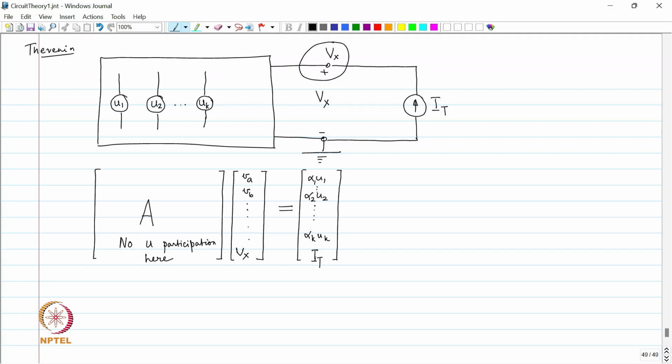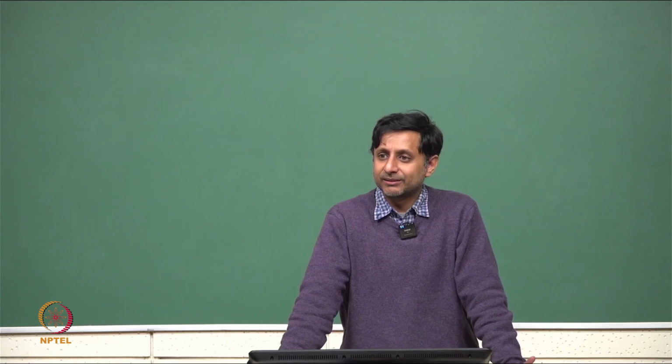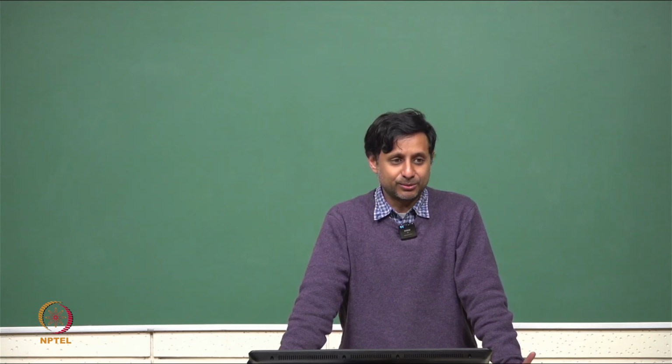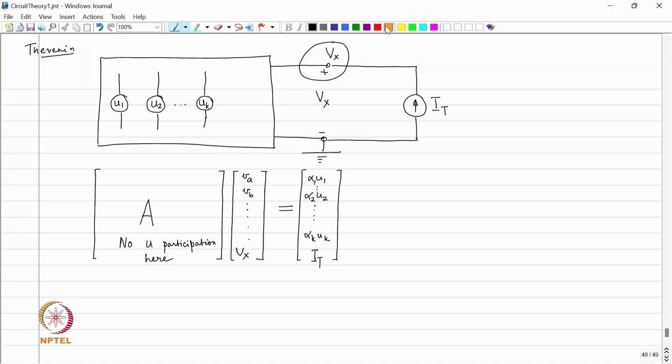Okay. Next, what is the next step? What do we want, by the way? What is the objective? Why are we doing all of this? We want to find Vx. Okay. So, what is the next step? Find the inverse of A matrix, multiply left side right side by the inverse of A, and once I do that, this is what I get.